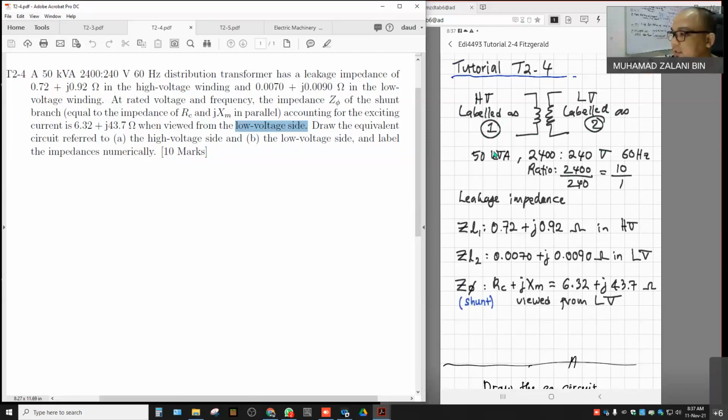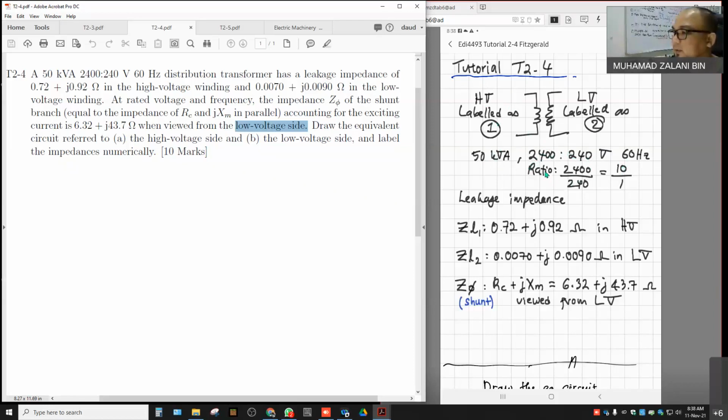So this is the transformer information: 50 kVA, 2400 volt at the primary side and 240 at the secondary side, and this is a 60 hertz transformer.